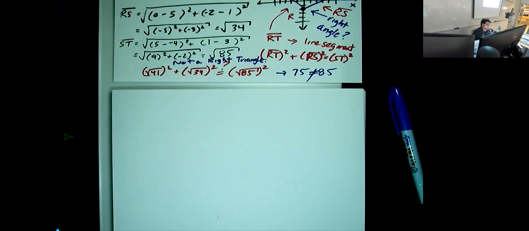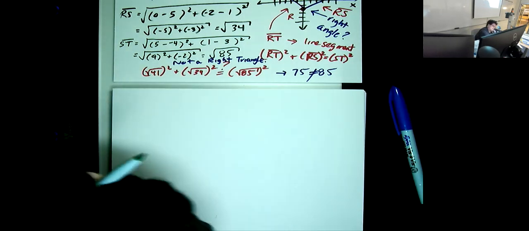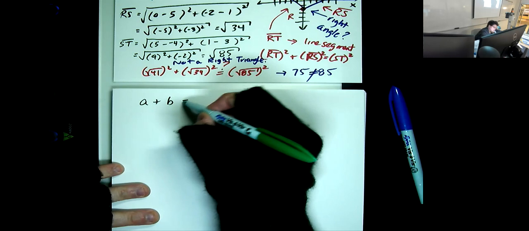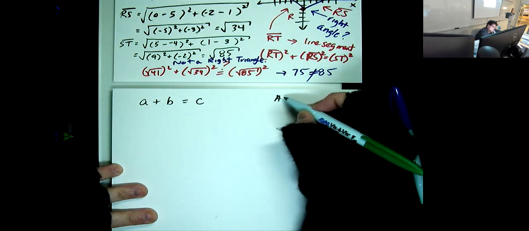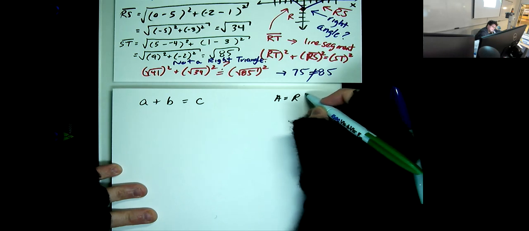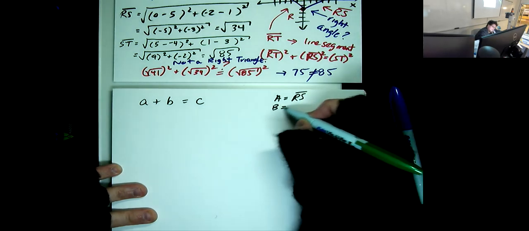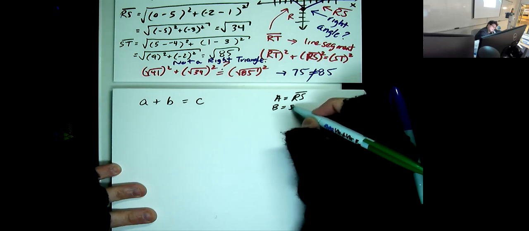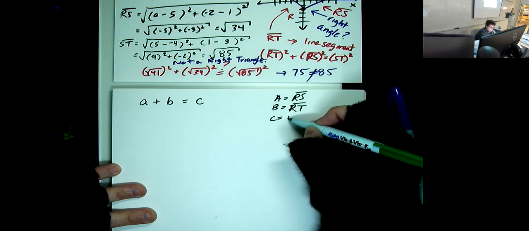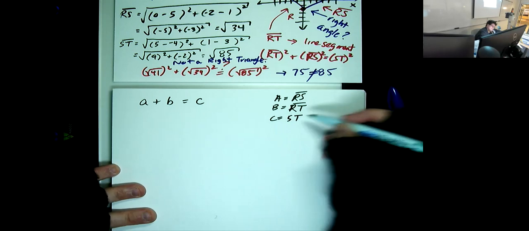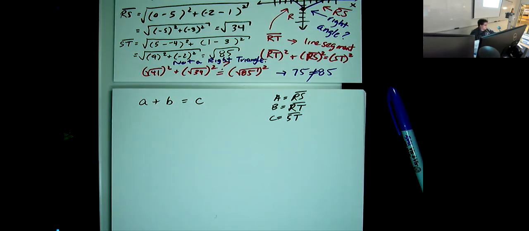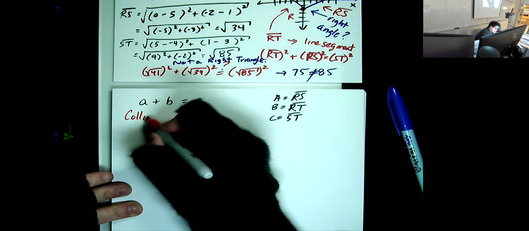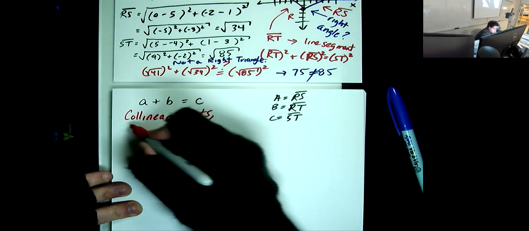What if we just do something like, I've got 3 edges and I go A plus B equals C. Well, if A is the distance between 2 points, like let's say RS, and B is RT, and C is ST. If this situation happens without squares, it means they're called collinear points. They all lie on one line.